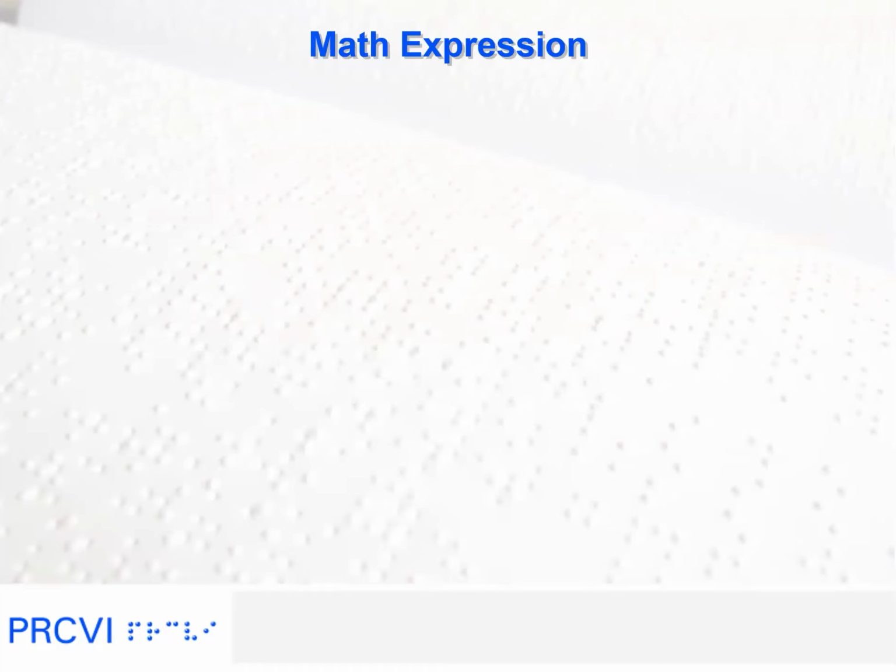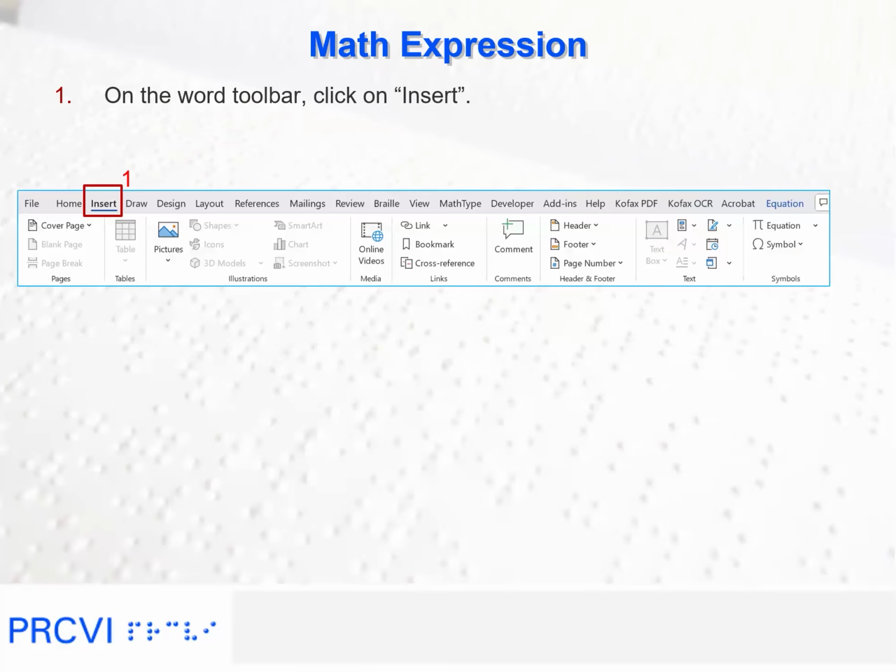Now, let's look at how to enter math expressions and equations in a Word document. Without using MathType or Scientific Notebook, you can insert a math expression in a Word document. In Microsoft Word, click on Insert on the toolbar. Click on Equation under the Symbols ribbon.